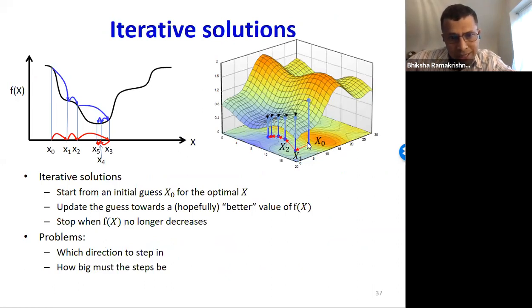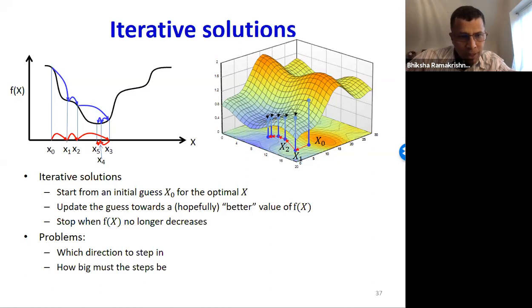So you take a step in the direction in which the function is decreasing. You arrive at a new point, look around again, it's still not a minimum, then you take a step, hopefully in a direction in which the function is decreasing.